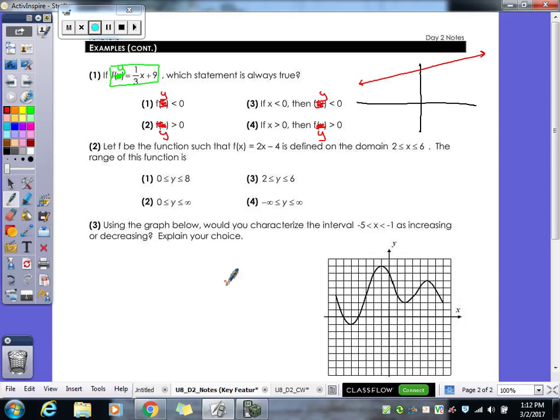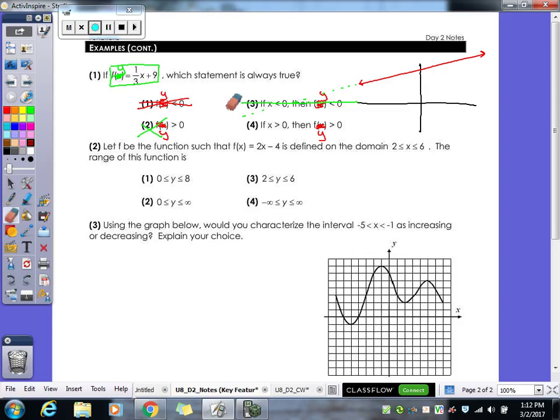No. So that one's not our answer. This one's asking, is y greater than 0? Our graph does kind of look like it's greater than 0, but if I extended this graph, wouldn't it eventually go underneath 0 and be less than 0 also? Yeah, so it's not that one either.